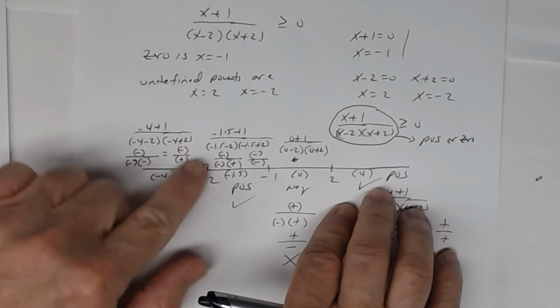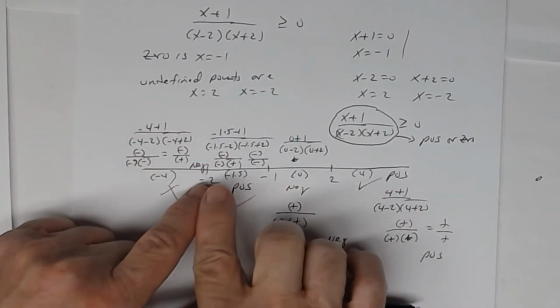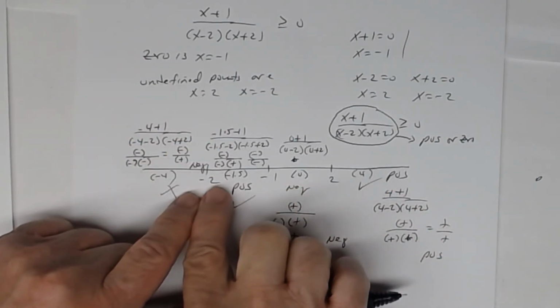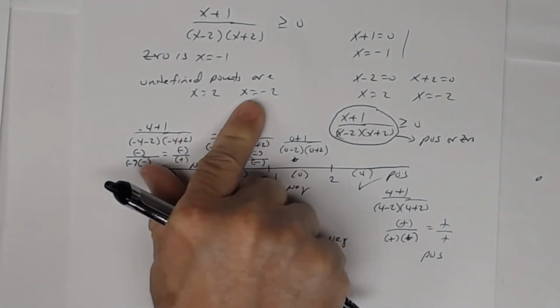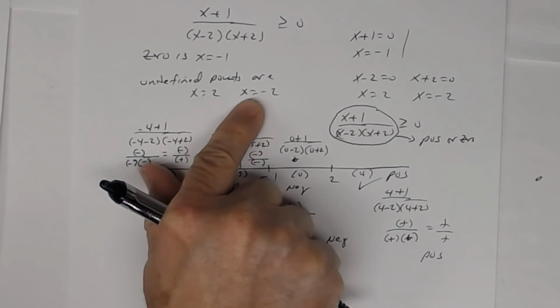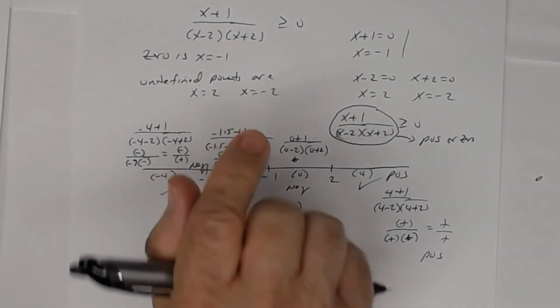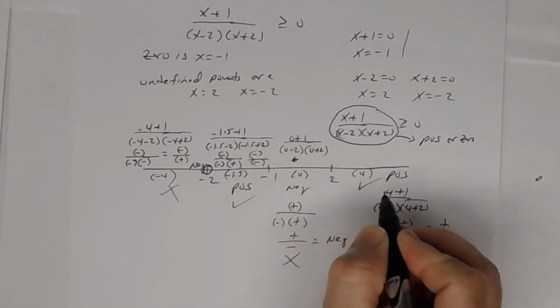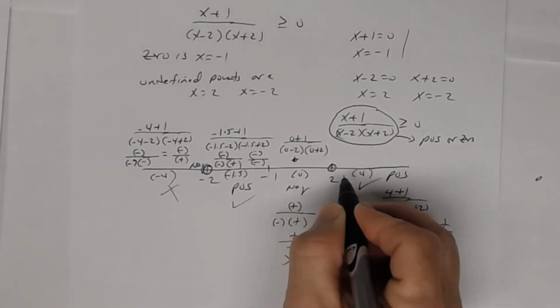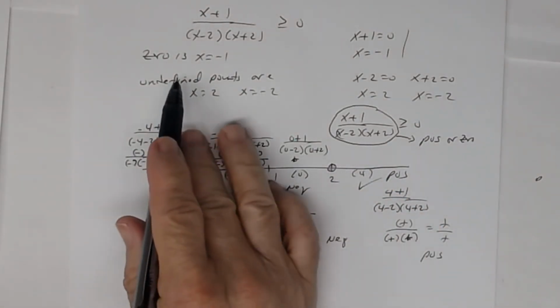Now I've got to look at the zeros and undefined points. I've got to put whether they're open circles or closed circles. Well, we all know that for the undefined points, they will always be not a solution. So we're going to put an open circle. So an open circle here and an open circle here. Now we look at the 0.